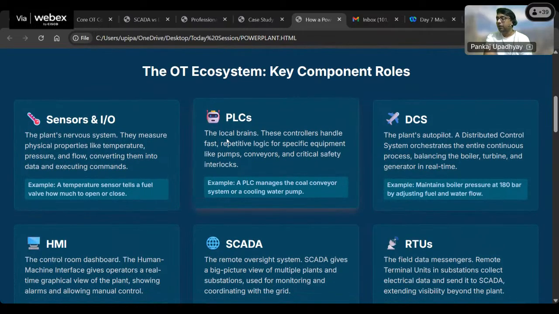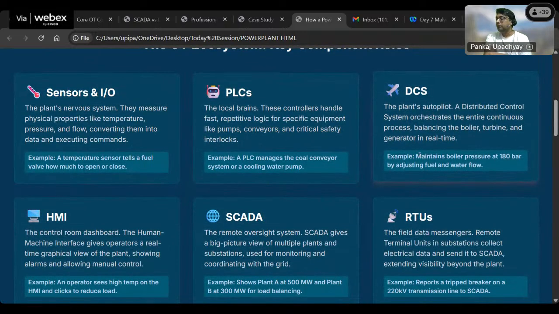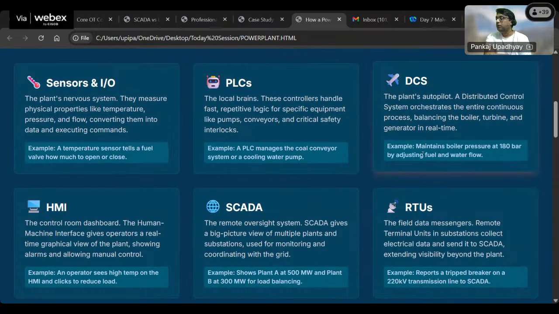Then the PLC comes in, the local brains. These controllers handle the repetitive logic for specific equipment like pumps, conveyors, and critical system interlocks. So PLCs manage the coal conveyor systems or cooling water pumps. Then the DCS maintains the boiler pressure at 180 bar by adjusting fuel and water flow.